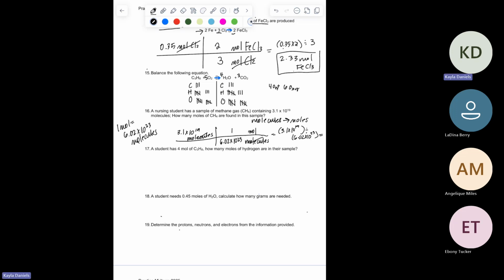Oh no. One sec. Typed it in wrong. All right. I got 5.14 times 10 to the negative 5.